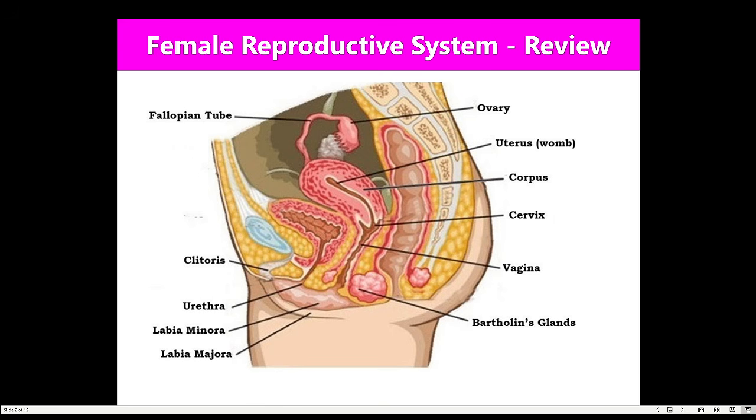Last time, in our discussion, we gave the different functions of the different parts of the female reproductive system, particularly highlighting the internal parts. We have the fallopian tube, the ovary, the uterus, the cervix, and the vagina. I hope you can still remember what the functions of each of these parts are.